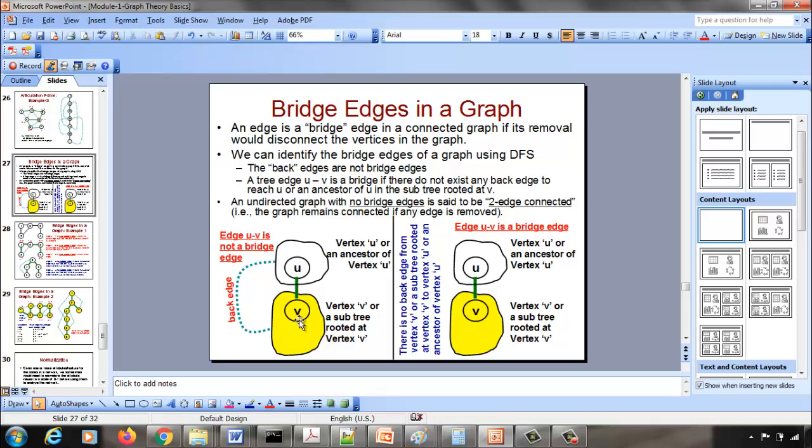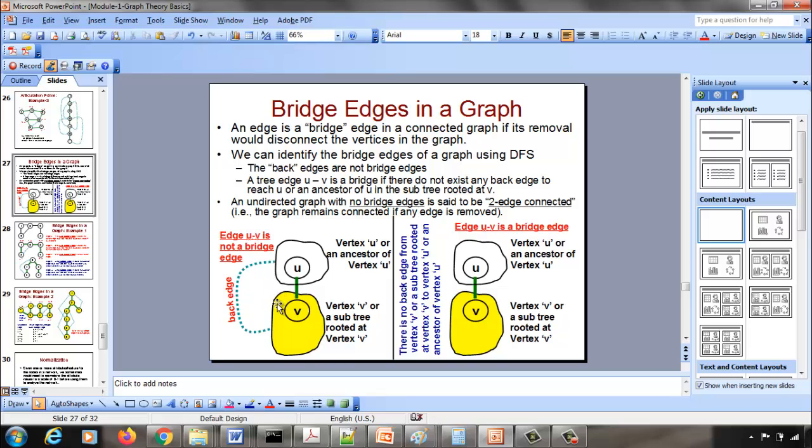So we need to decide that first. An upstream node is the one that is closer to the root of the depth first search tree. I have not shown the depth first search tree involving U and V here, but assume that U is closer to the root of the depth first search tree. So U is the upstream node and V is the downstream node.